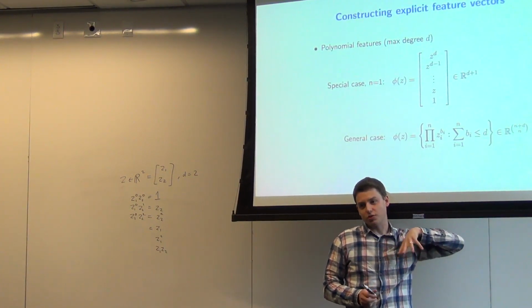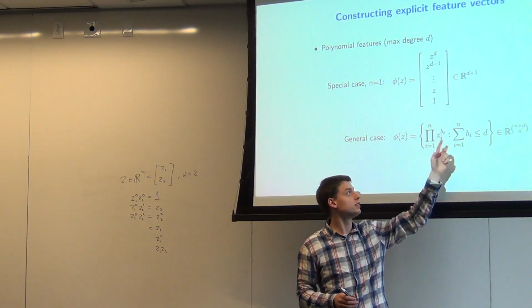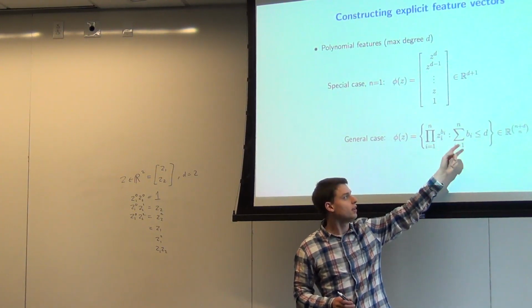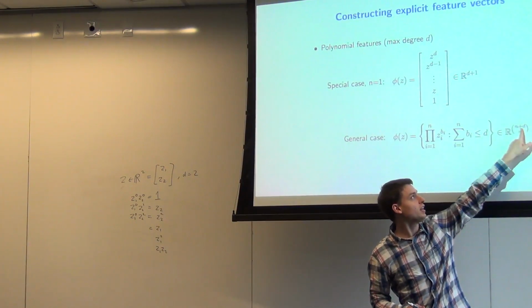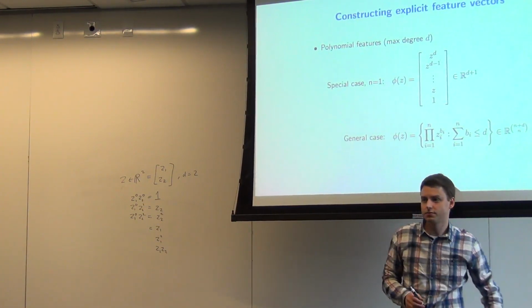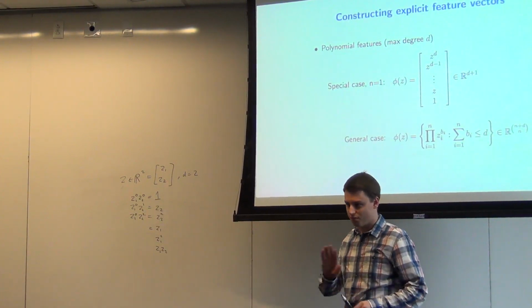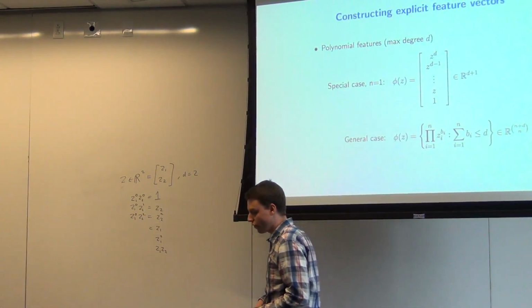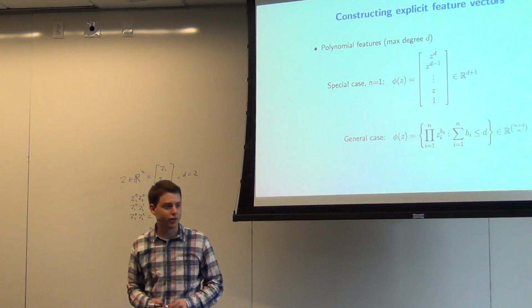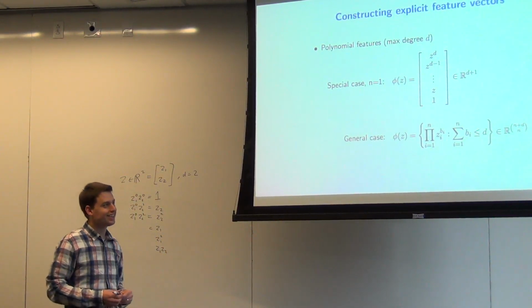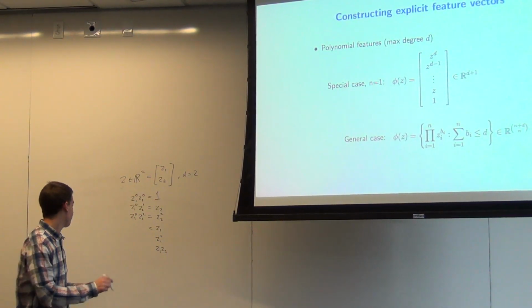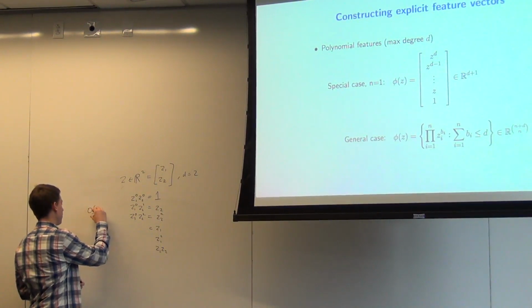Now, what you can show is the size of this feature vector is actually R to the n plus d choose n. We won't show that that's true, but just know that that's true. And for fixed n and varying d, this term grows like O of n to the d.